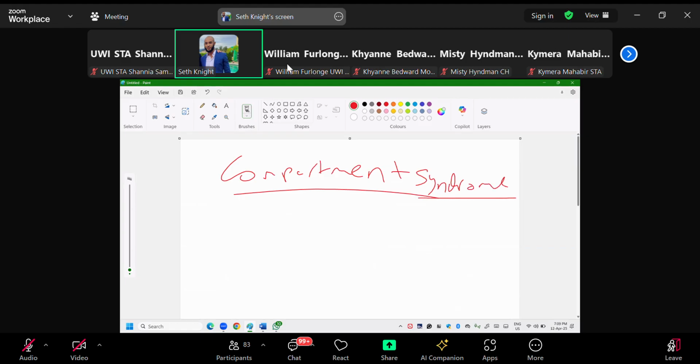And what are your clinical findings of compartment syndrome, guys? This is for you in the chat. Pain out of proportion to the clinical exam. Pain on passive movement. Fantastic, right? So those are the two common ones. Pain on passive movement and pain out of proportion to the clinical exam.